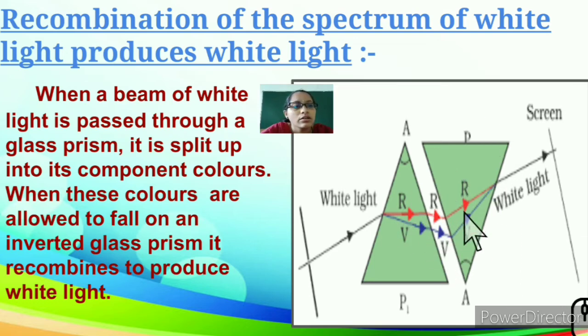If it is placed in a normal way, not inverted, then the colors don't recombine. So the inverted prism makes them recombine and forms white light when it comes out. That is known as recombination of the spectrum of white light, which produces white light again.